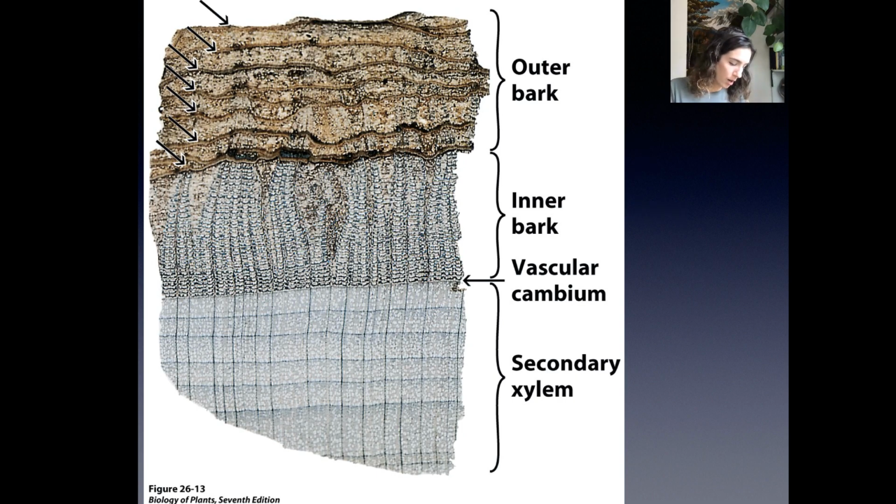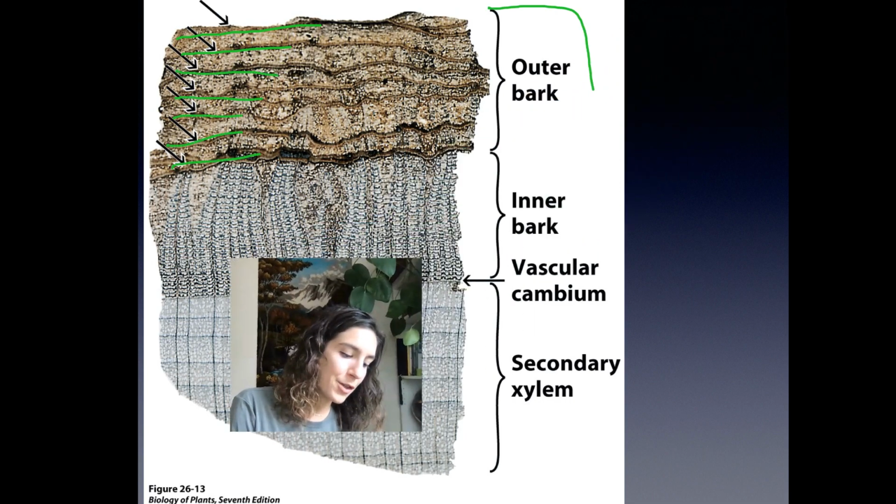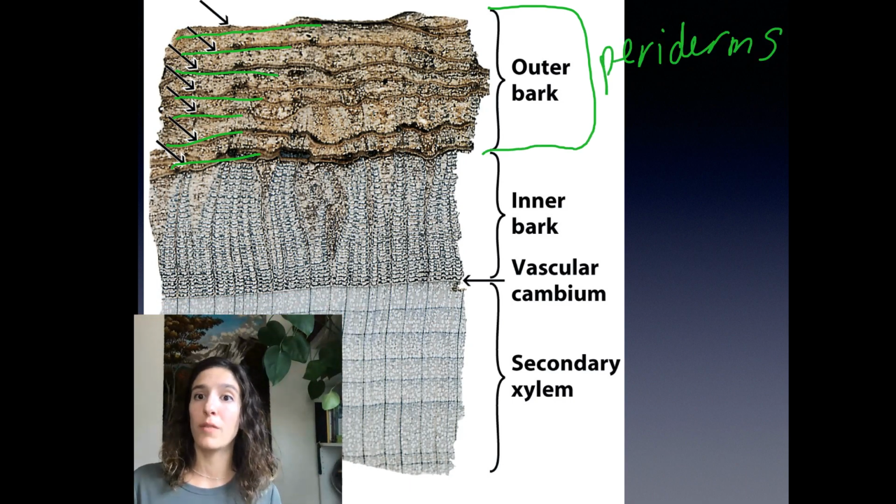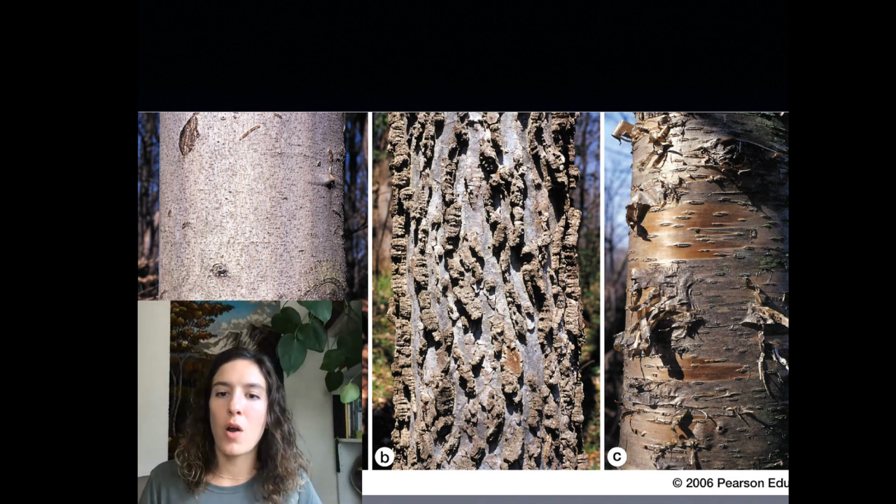The outer bark are all of the multiple periderm layers, and they're sort of labeled by these arrows here. Each one of these is a different periderm layer, but together all of those periderms are part of the outer bark. All of the periderms combined are outer bark. The periderms are expressed morphologically in so many various ways.